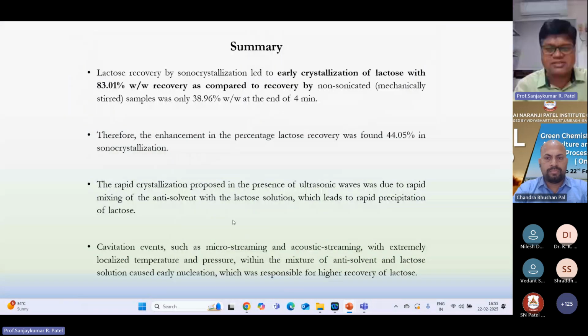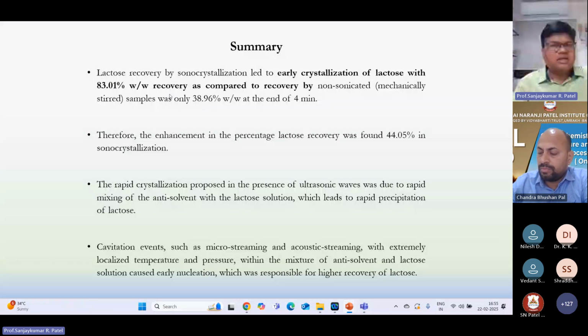So, in overall summary, with the use of ultrasound along with anti-solvent crystallization, we can have a recovery of lactose of around 83%, in comparison to the non-sonicated samples, meaning without the use of ultrasound, which is only around 38.96%.